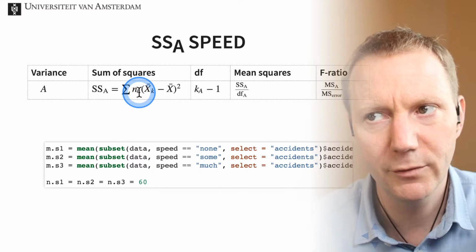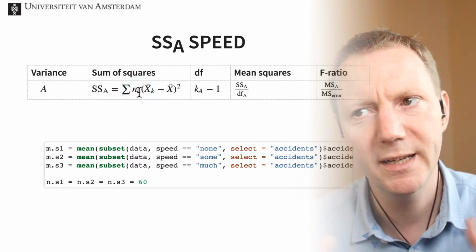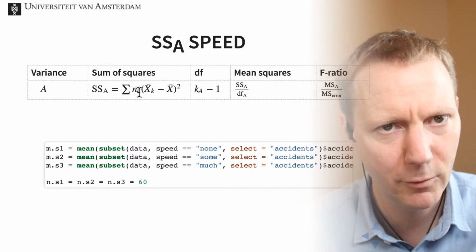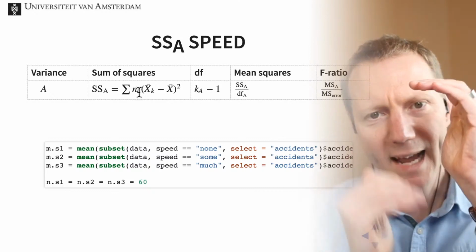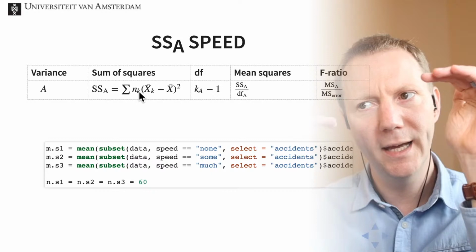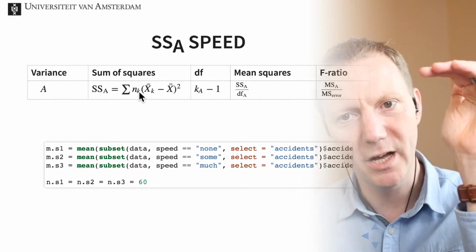Only the definition of the group is now varying, because if we're only looking at the people in the speed group, we're neglecting the fact that there are people in there in the no alcohol, a bit of alcohol, and the much alcohol conditions.